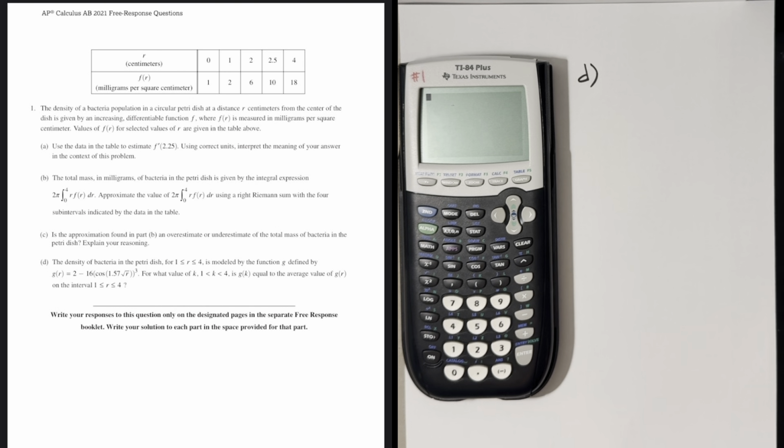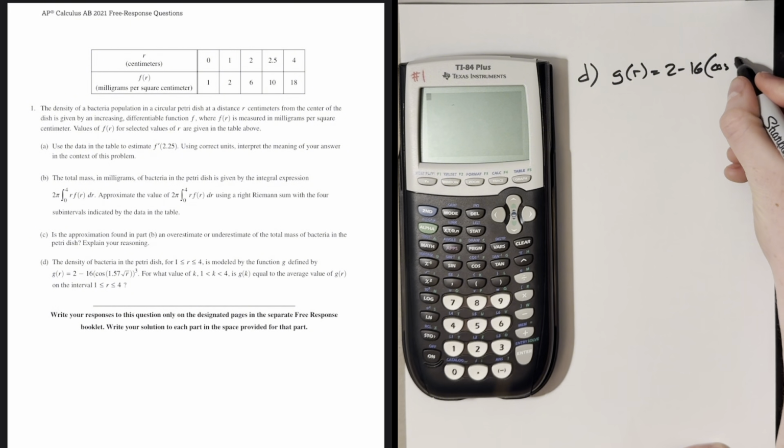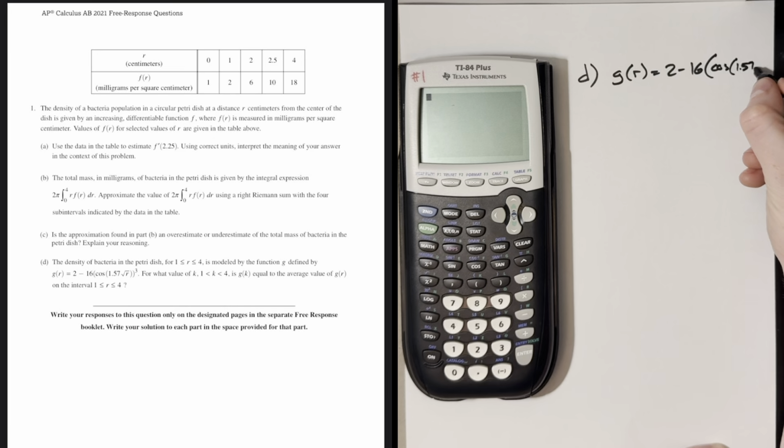The density of the bacteria in the Petri dish, for r between 1 and 4, is modeled by the function g, defined by g of r equals 2 minus, and this is where we're going to use the calculator, the cosine of 1.57 root r, cubed, holy cow.